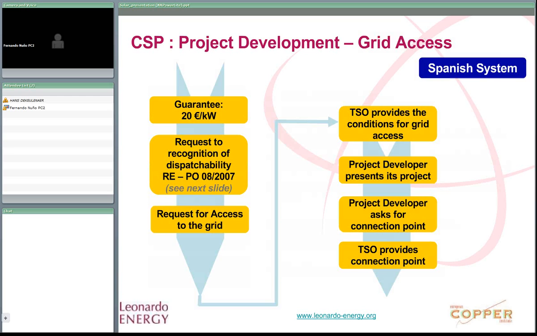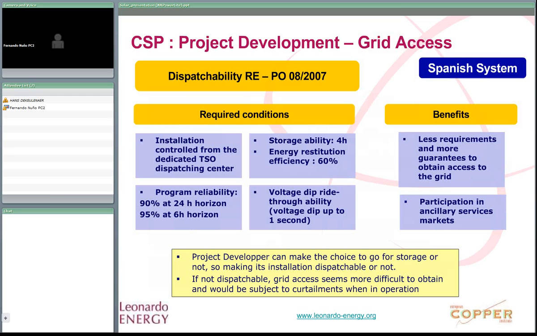What is dispatchability in the Spanish system? The transmission system operator provides special conditions for plants that can be dispatchable. But to be recognized as dispatchable, there are several conditions. First, the installation should be controlled from a dedicated TSO dispatching center, which is dedicated to renewables.